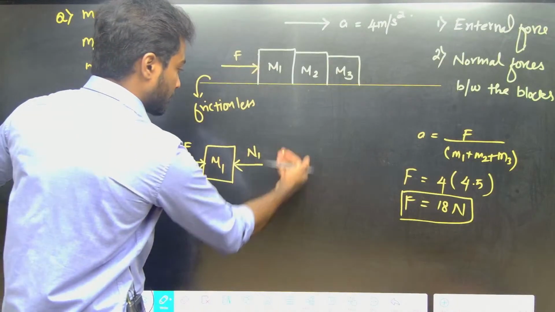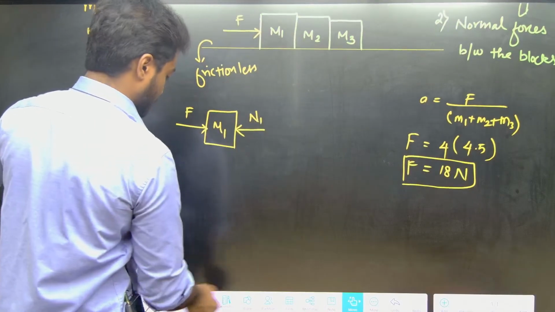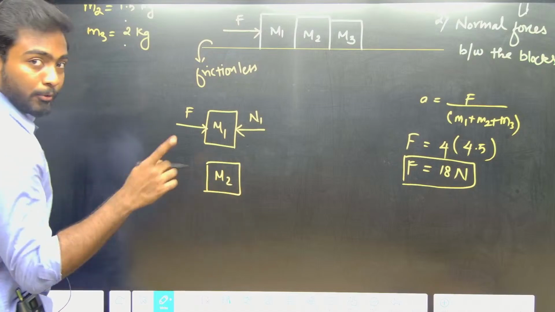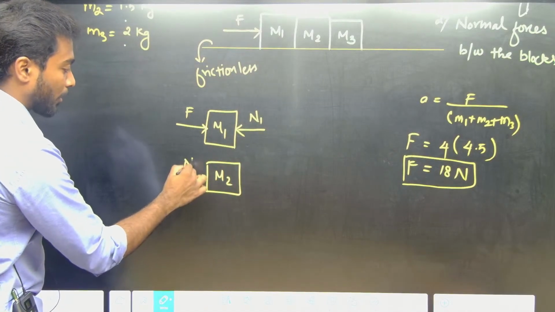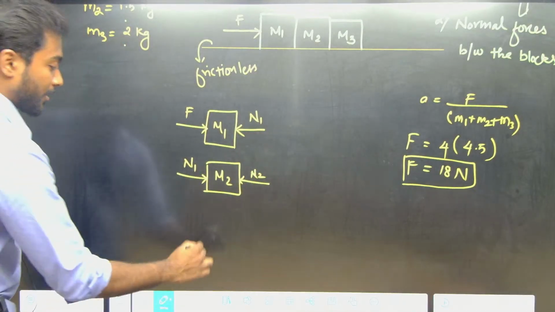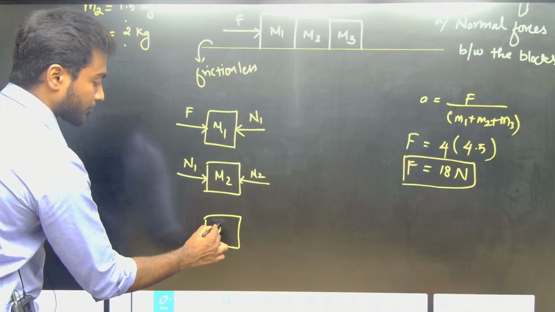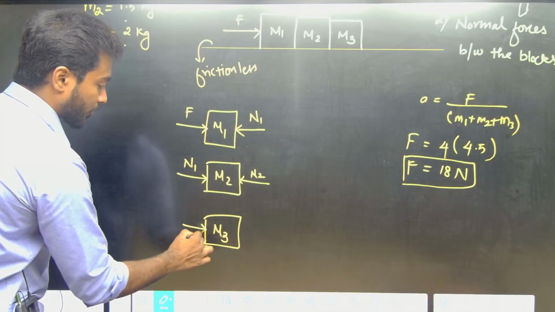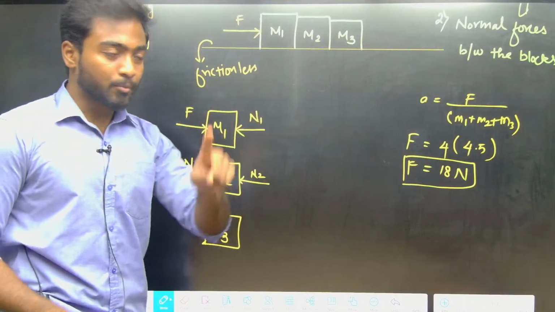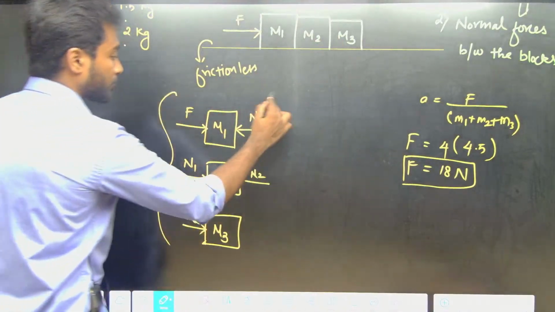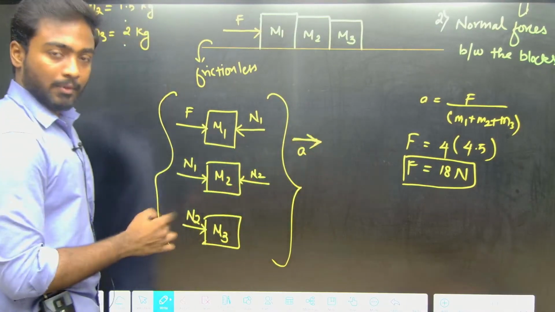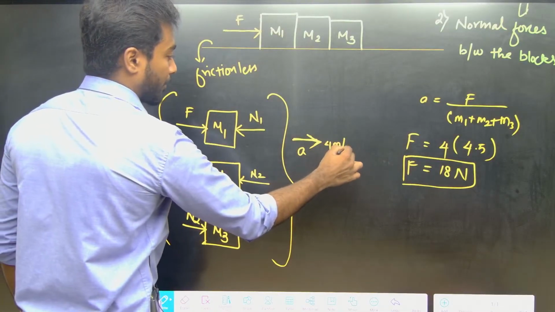Next I take M2: one normal force is N1, the other normal force is N2. The next case is M3: one normal force is N2. Is there any other normal force? No, that's it, I am only talking about the x direction. For everything the acceleration is in this direction only.